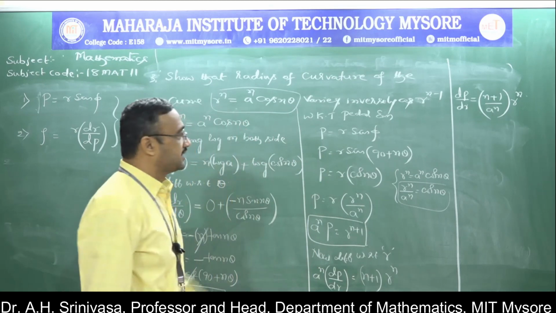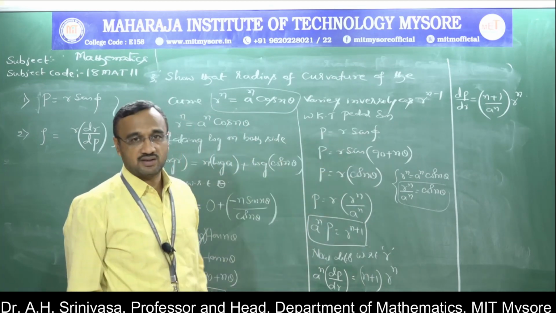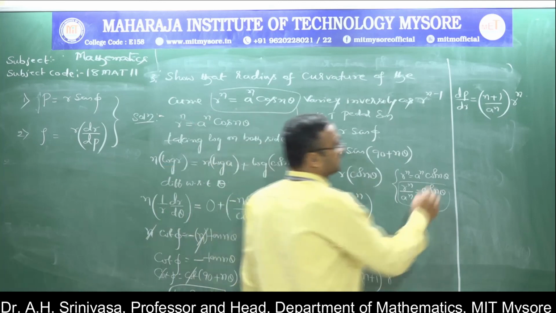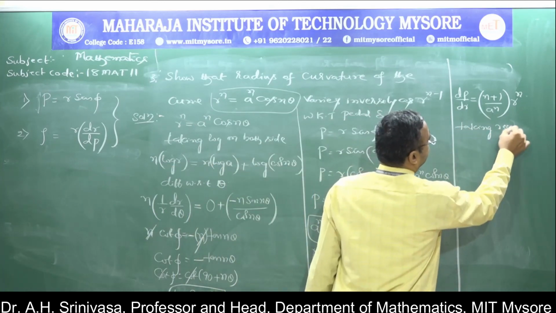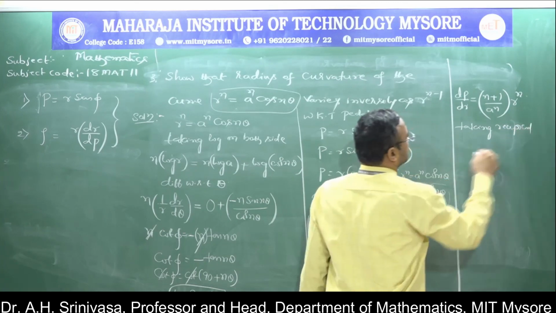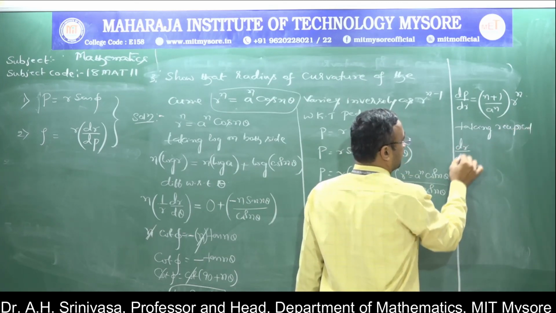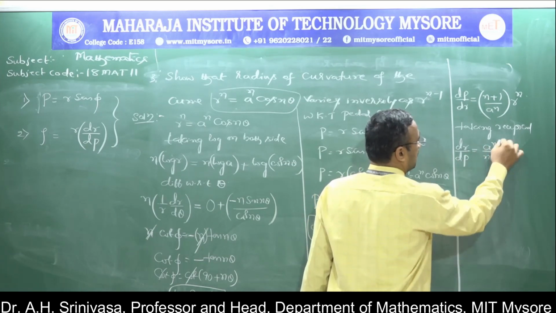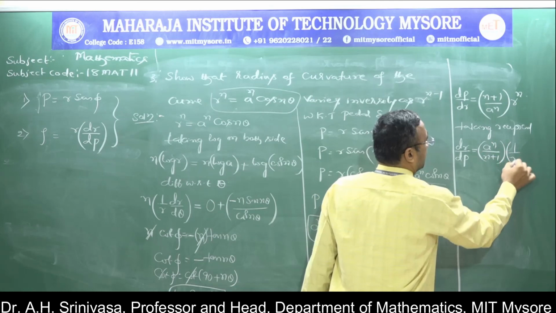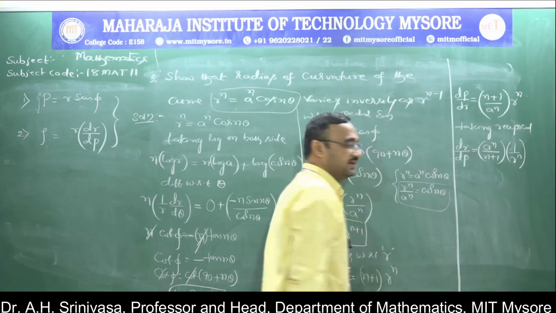Now I want dr/dp. Take the reciprocal of this. Taking reciprocal, this becomes dr/dp = a^n/(n+1) times 1/r^n.